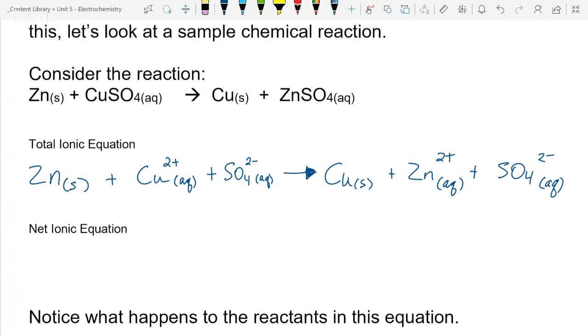Zach Brown, what can I cancel? Yeah, because that is the same on each side. What do we call those, the things that stay the same in a chemical reaction, that don't actually change? Anyone remember? They're the same things, that's right. If you go to a sporting event, what do you call all the people who aren't playing the sport?